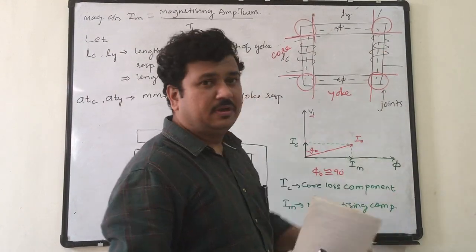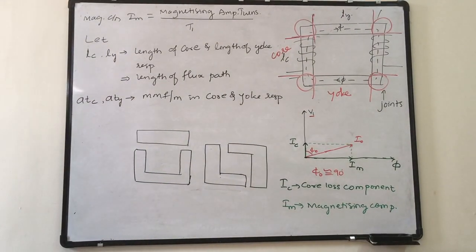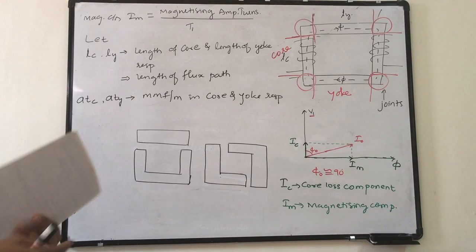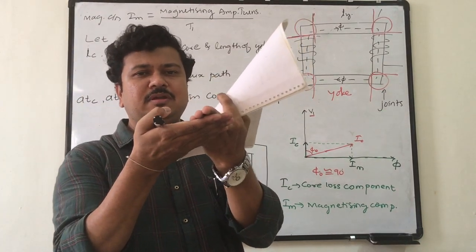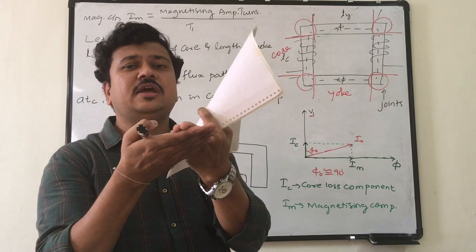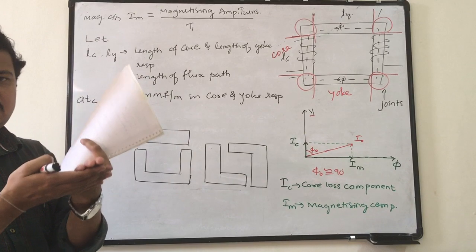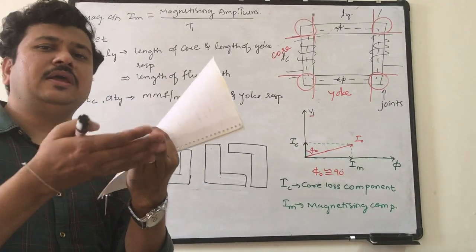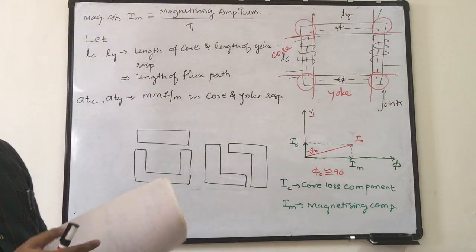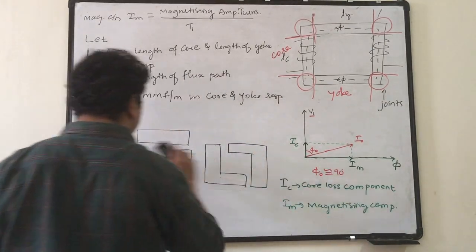The mmf required in joints will be slightly more than in the core and yoke, because when I place the joints one over the other, there will be formation of potential air gaps between any two laminations or groups of laminations. When there is an air gap, the requirement of mmf is a bit higher compared to the other core part.